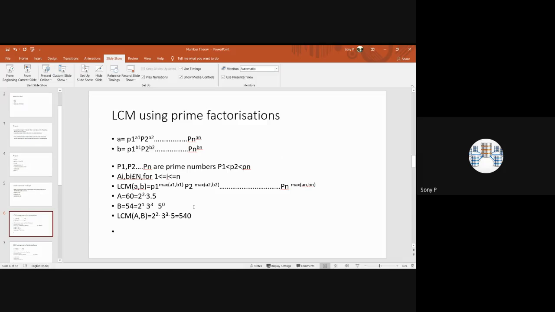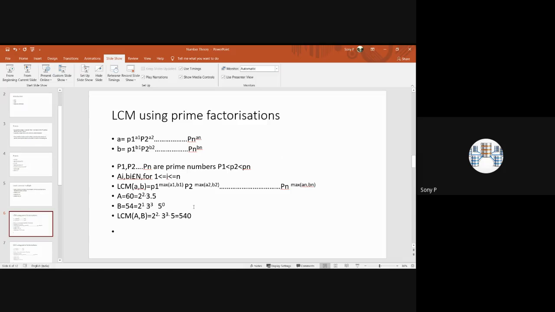So the LCM of a and b is equal to the maximum of these. For 2 raised to 1 and 2 raised to 2, the maximum is 2 raised to 2. Considering 3 raised to 3 and 3 raised to 1, the maximum is 3 raised to 3. For 5 raised to 0 and 5, the maximum is 5 raised to 1.